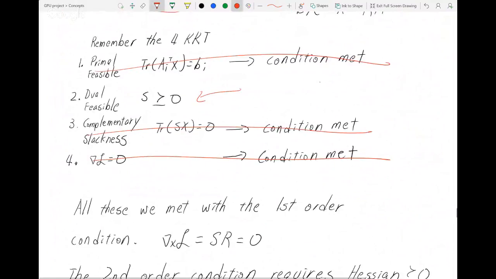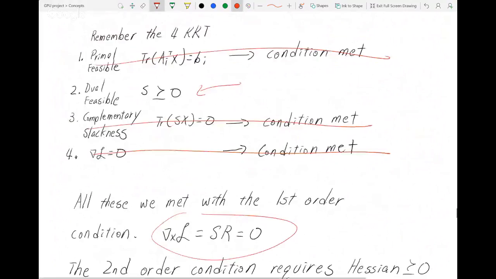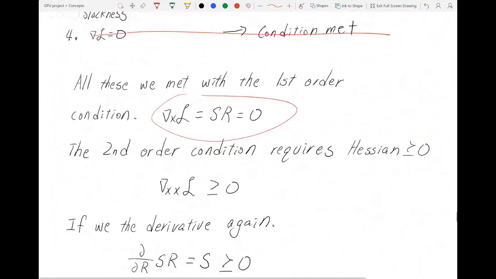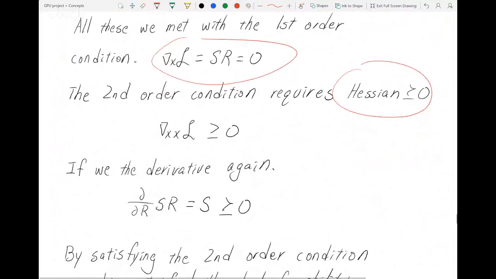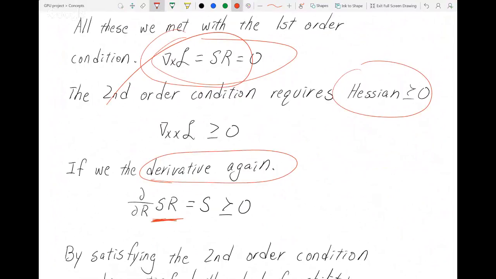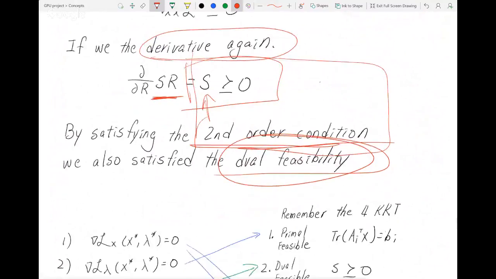Now all these we met with the first order condition, right? We did this and we satisfied a whole bunch of them. Now the second condition, essentially you want the Hessian to be positive definite or positive semi-definite. Now if we take the derivative again of the gradient of the Lagrangian, we get the Hessian. And we get the condition that the Hessian must also be positive semi-definite. So notice that if we satisfy the second order condition, we also satisfy the dual feasibility, right?